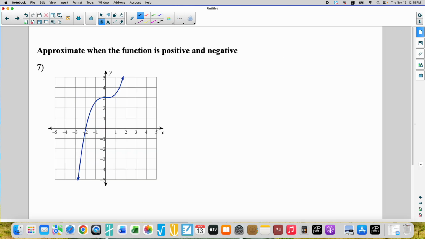All right. Approximate when the function is positive and negative. So for this graph, we're talking about when our outputs are positive and negative, and we define them with inputs, x's.